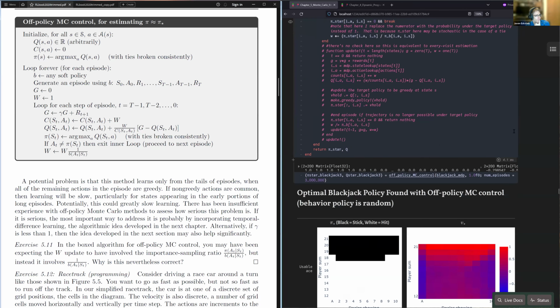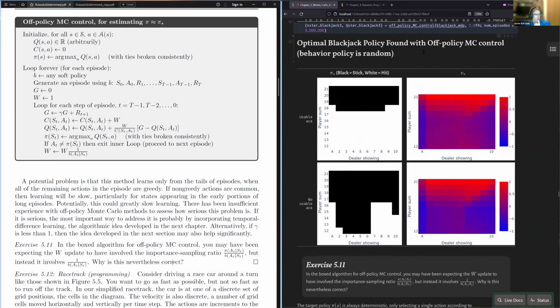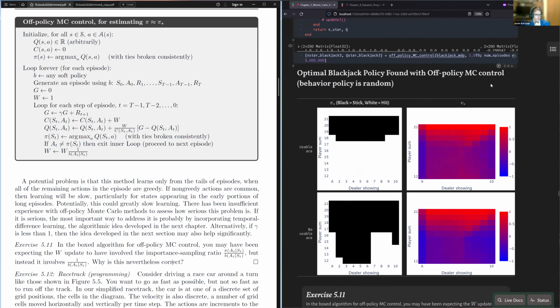So does anyone have... oh, actually, and this is here. This is the off policy Monte Carlo control on the Blackjack problem. And here I'm using the random policy for the behavior policy. You can see it does mostly work.